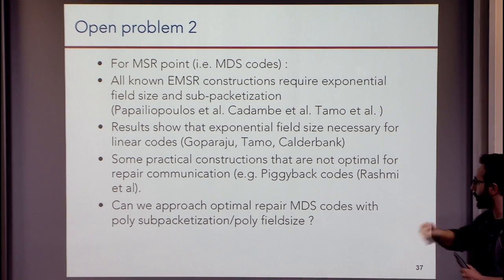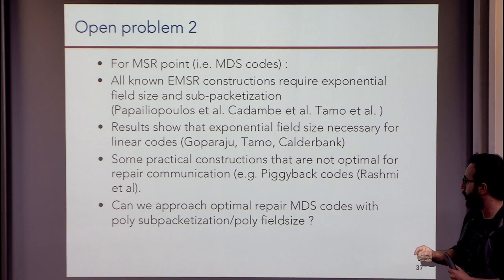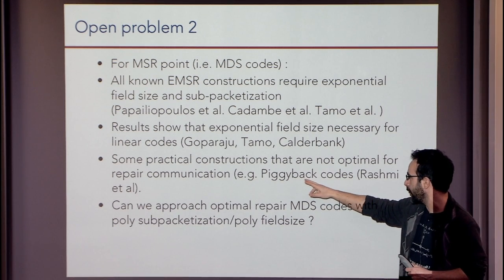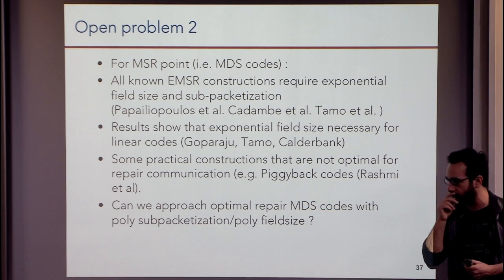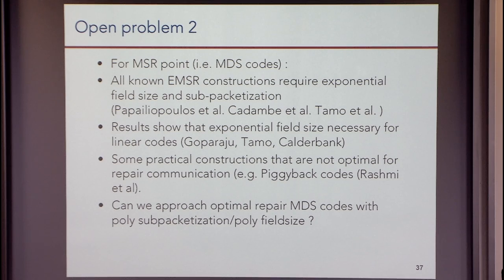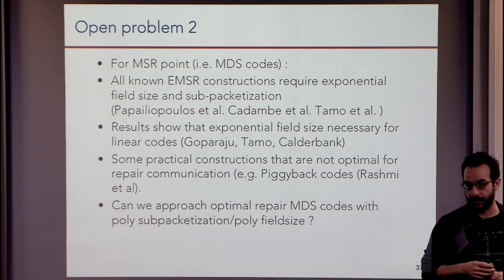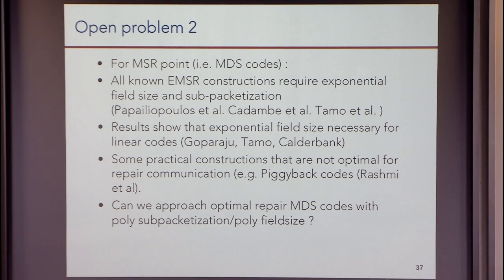Furthermore, there are some practical constructions that are not optimal. One of them is the piggyback paper that appeared in SIGCOMM this year. The other important thing about this paper is that they actually implemented it in Hadoop, which is a very hard thing to do. I can guarantee you that.